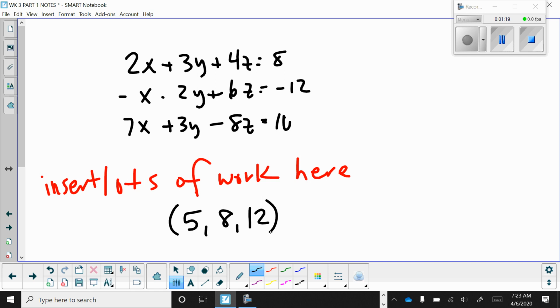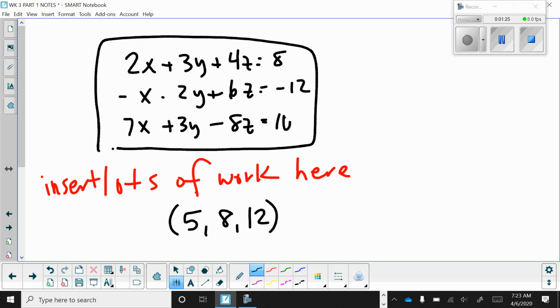What a matrix is, is taking this system and removing the variables so that you have an easier canvas for doing your math. So if I removed all those variables and wrote this as an augmented matrix, which is something we're going to talk about on a different day, it would look like this. 2, 3, 4.